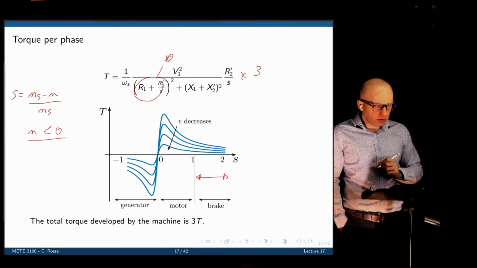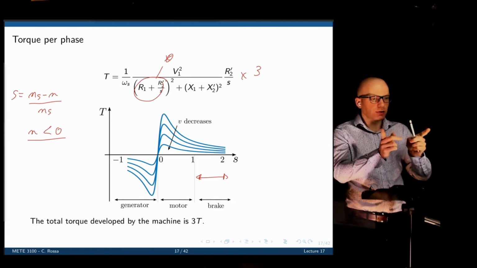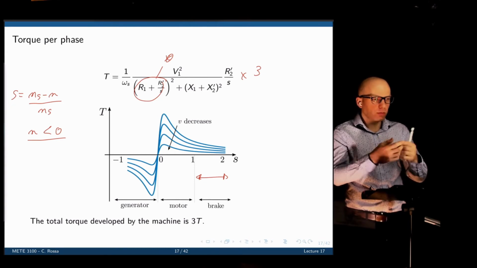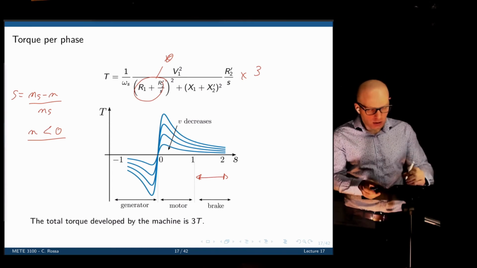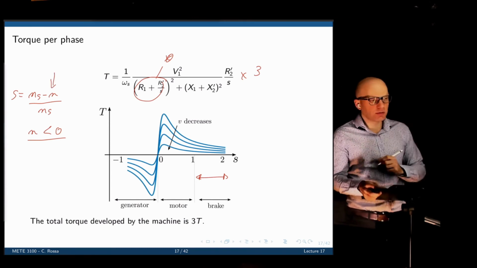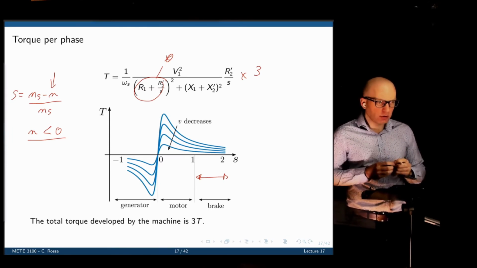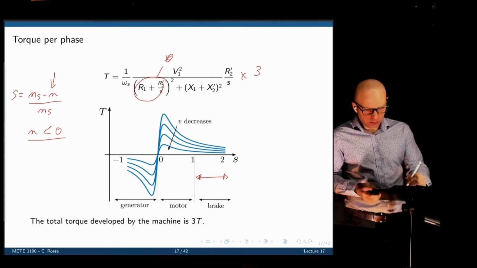Right? Which means that the rotor and the stator are operating in different directions. One rotates clockwise, the other one rotates counterclockwise. Okay, and the motor operates as a brake. If the speed of the rotor is greater than the synchronous speed, then we have a negative slip. That means that it operates as a generator. Does that make sense? Yep, thank you.